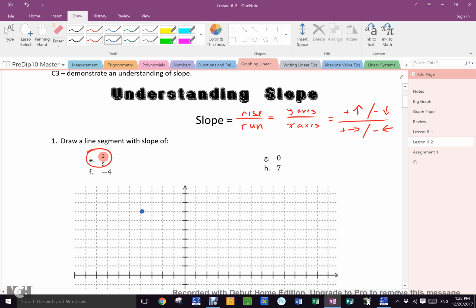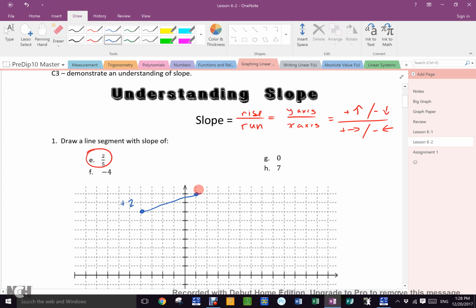My slope is positive 2 of a rise and positive 5 of a run. Now, if I was here, can I go up 2? 1, 2. Yes, there is my positive 2 rise. Can I run 5? Yes. 1, 2, 3, 4, 5. And there it is. That is what your line should look like.